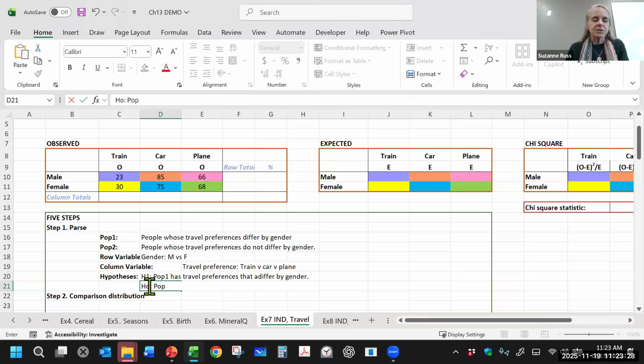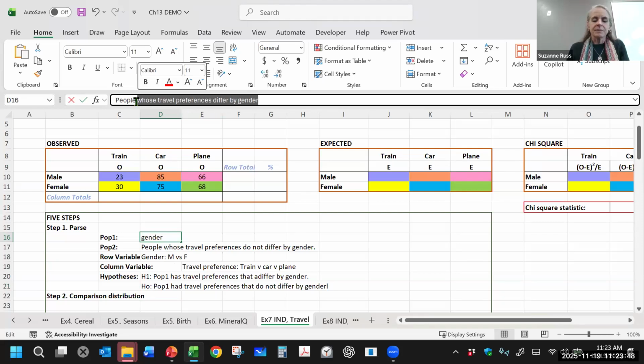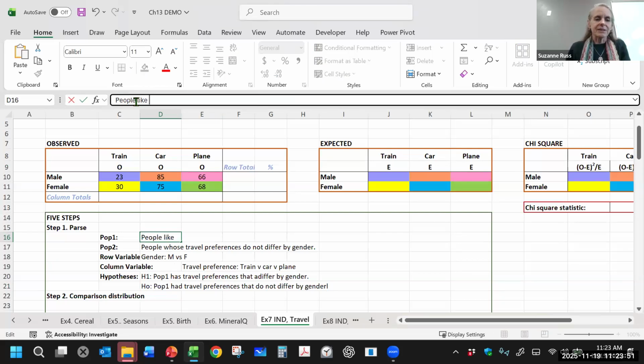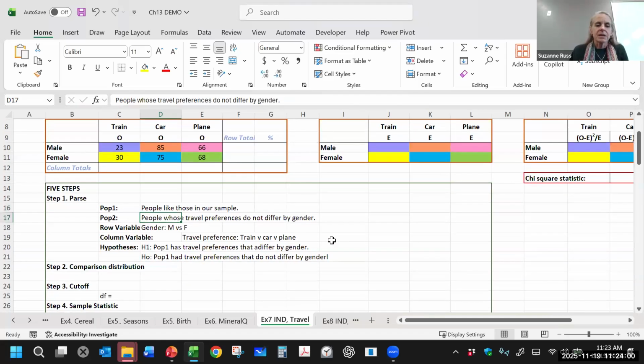And population 1 has travel preferences that do not differ by gender. I'm going to change this and just say people like those in our sample, because I'm running into a logical problem there. And I think I'll leave population 2 just as it is.